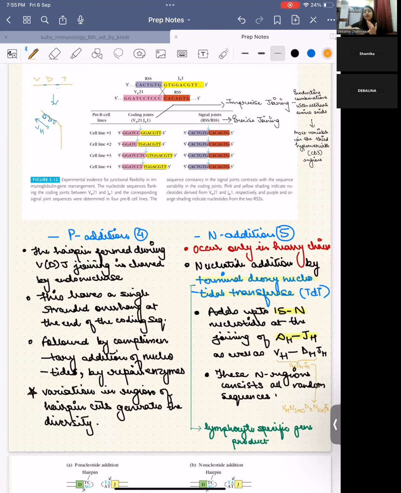But your VDJ combination, the combinatorial joining of different H and different L chains, the allelic exclusion, that fixing which allele has to be picked, your P and N addition, all of that, anything that locks the specificity of the VDJ region is happening inside the bone marrow before the antigen encounter. Somatic hypermutation keeps happening. Your class switching happens only in presence of antigen.